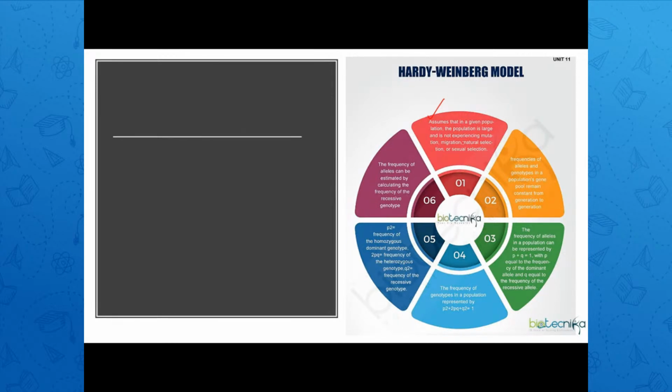No disturbing elements. Next, the frequency of alleles and genotypes in a population's gene pool remains constant from generation to generation. So in absence of all these disturbing elements, the frequency will remain constant.